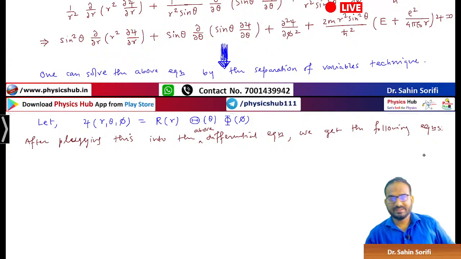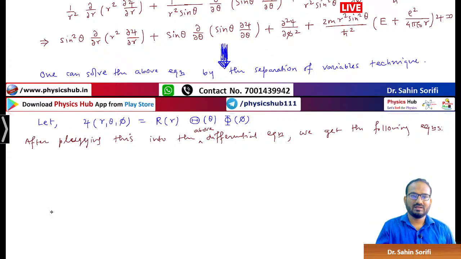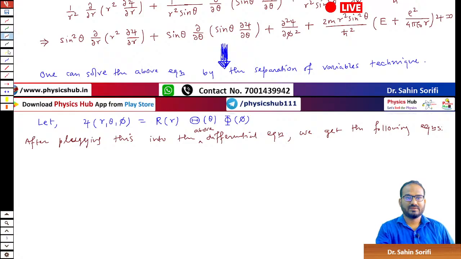So we will get three equations, one for r, another for theta, another for phi.